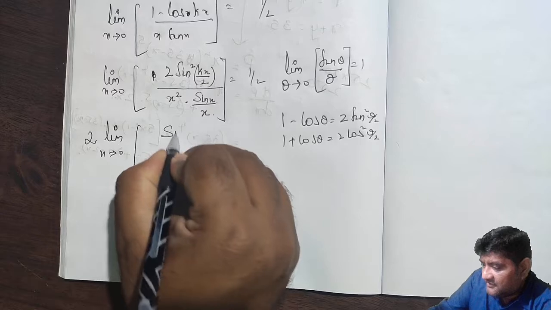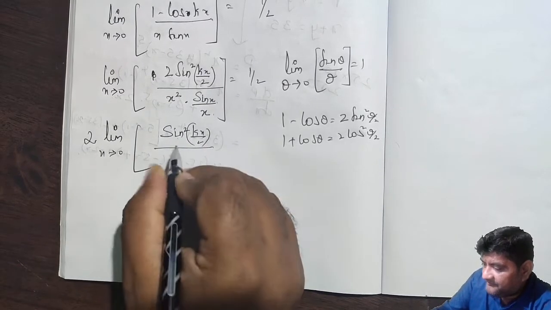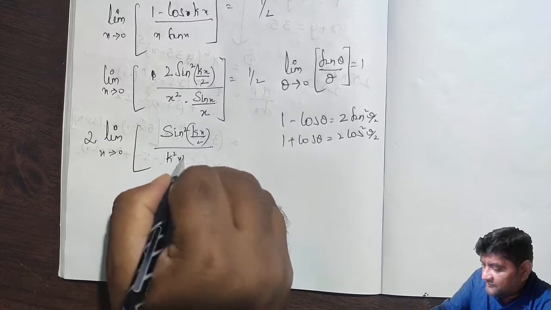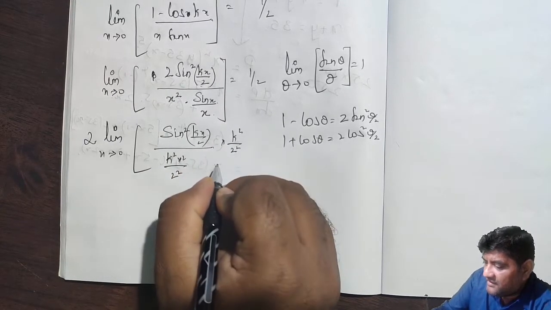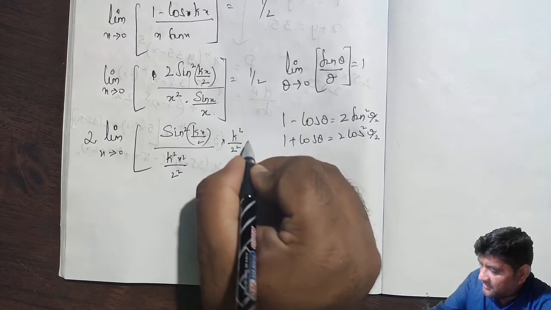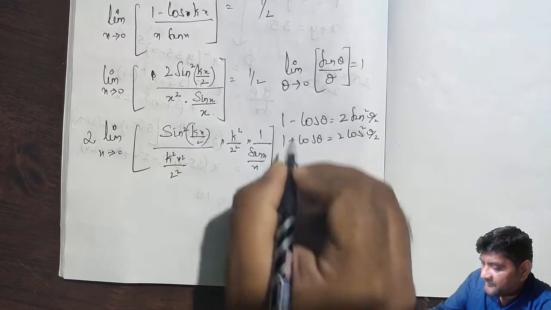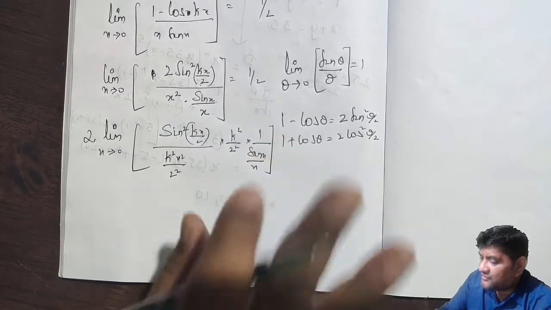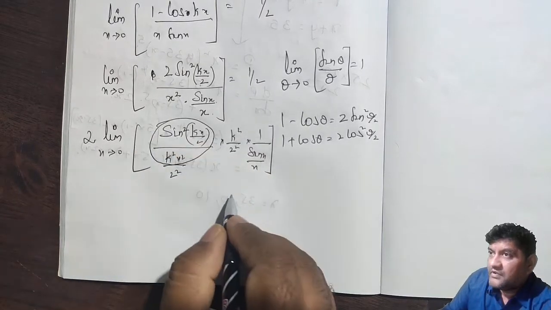So I'll have sine square kx by 2 divided by k square x square by 2 square, into k square by 2 square. And this further is multiplied by 1 over sine x by x. And this entire thing is equal to 1 over 2. Keep that in mind.